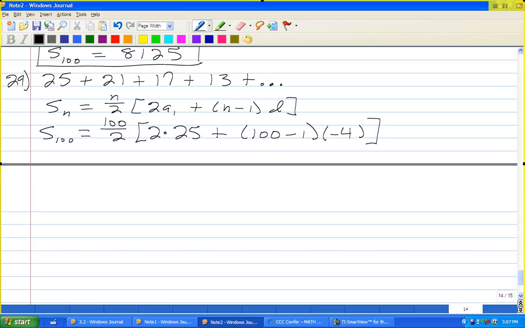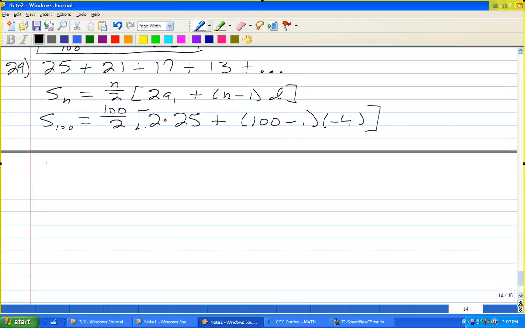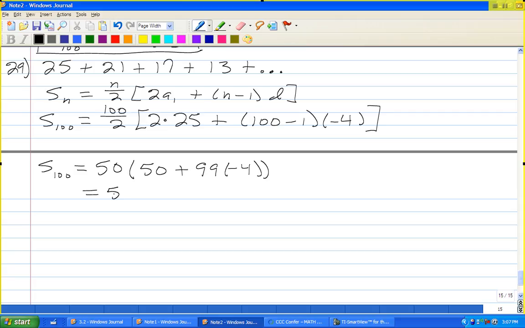And so this is equal to 100 divided by 2 is 50. 2 times 25 is 50. 100 minus 1 is 99. So we get 50 minus 396.